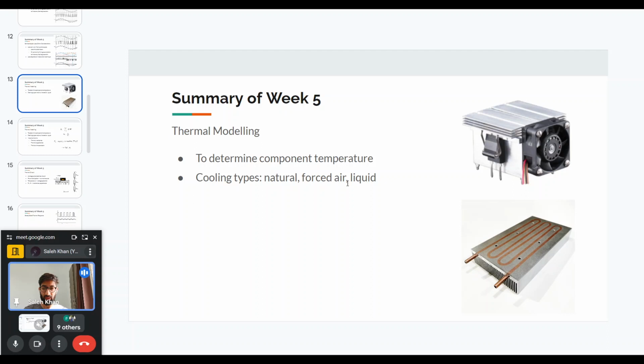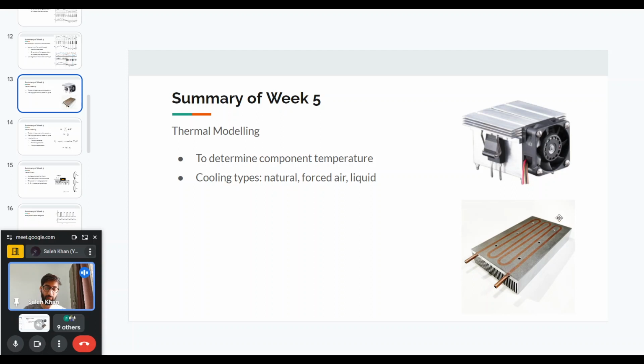Another is a forced air type cooling, where we have a fan which will force air to go through the fins of the heat sink so that the heat is dissipated quickly, and it will lead to better cooling. And if we want even better cooling, then the third option is liquid cooling, where through the heat sink we have channels to allow a liquid to pass through.